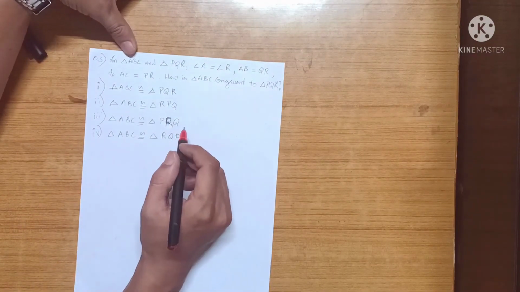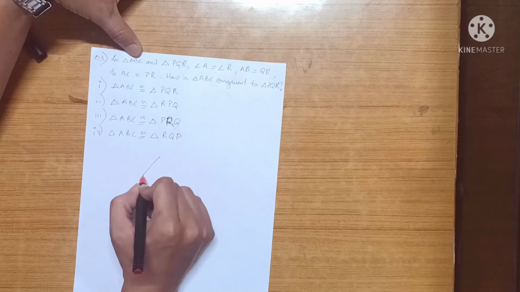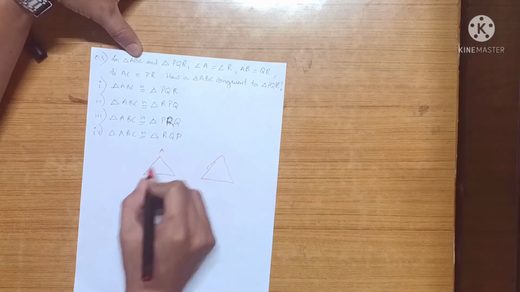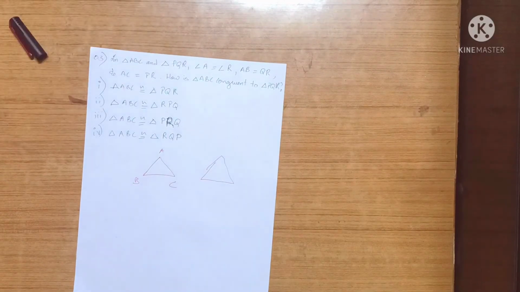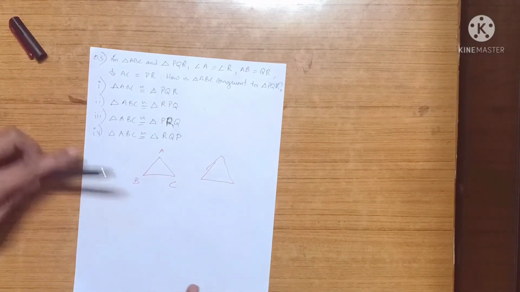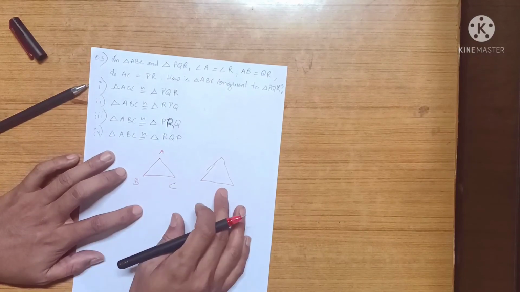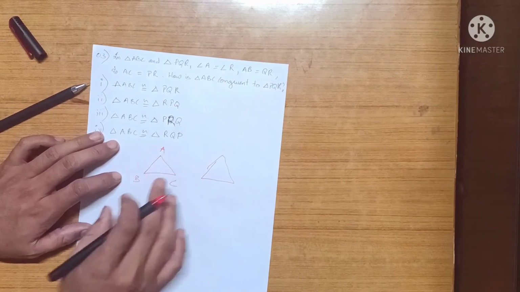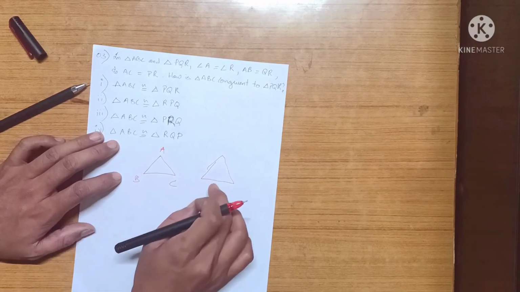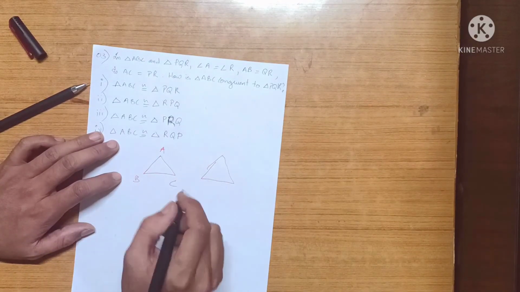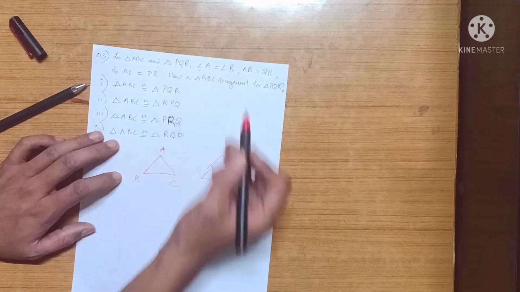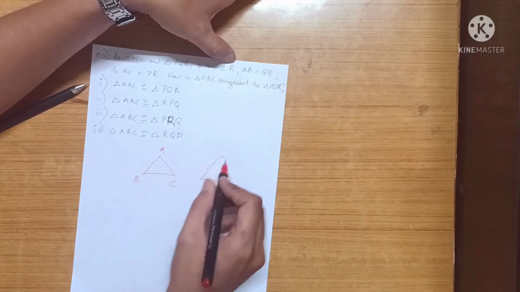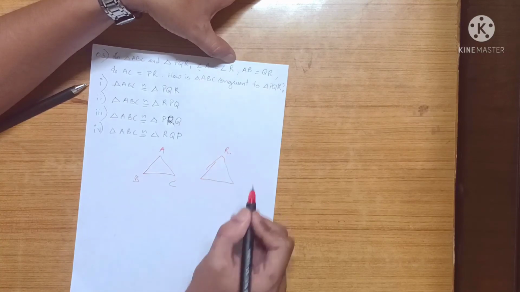In triangle ABC and PQR, let's go ahead and draw ABC first. I told you, whenever things are equal and you're trying to draw the two congruent triangles, to name them properly, you have to write the names of only one triangle first. Then for the second triangle, you put the letters according to what the equals are. Angle A is equal to angle R, so you put an R here.